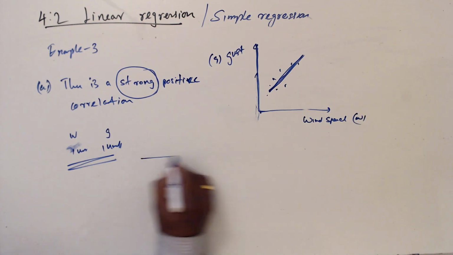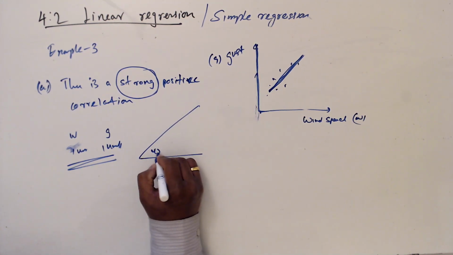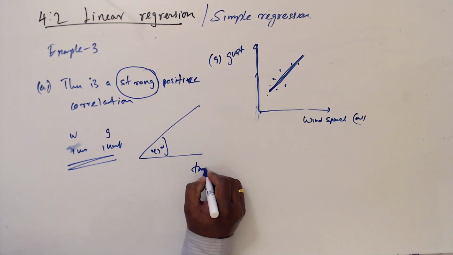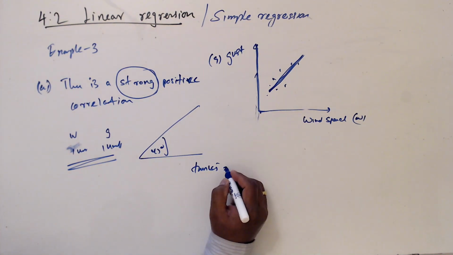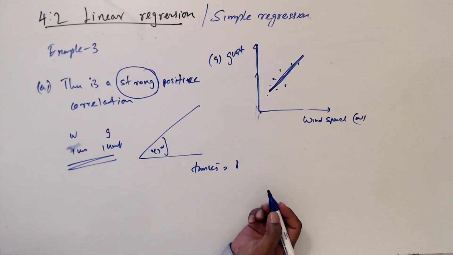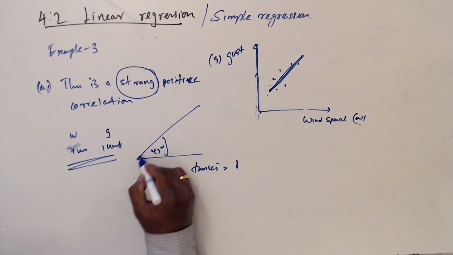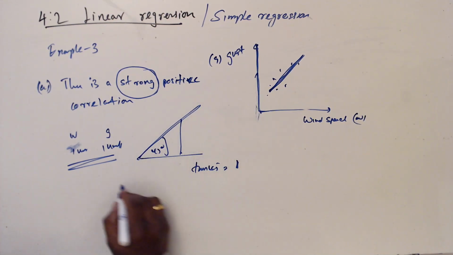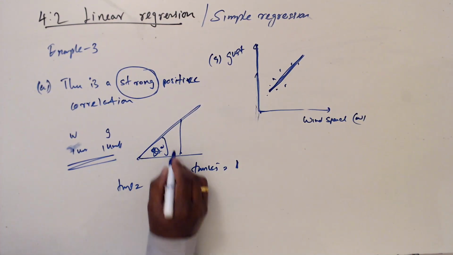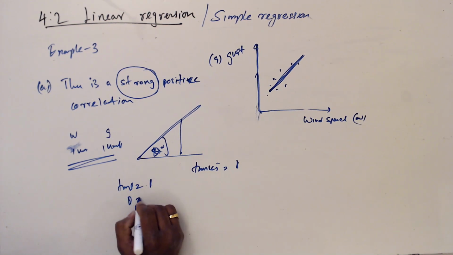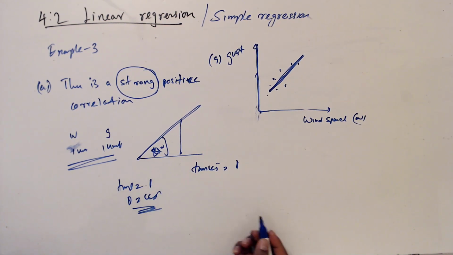It means the line should be 45 degrees, in terms of tan 45 is 1. So the tan value has to be tan theta equal 1, or theta equal 45. So it has a strong correlation.